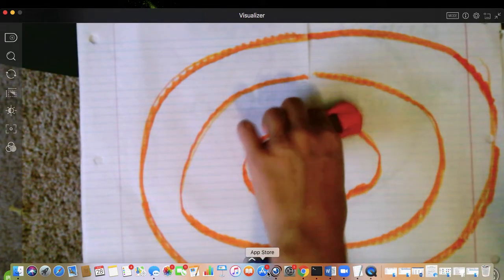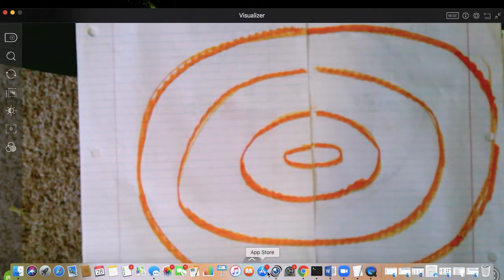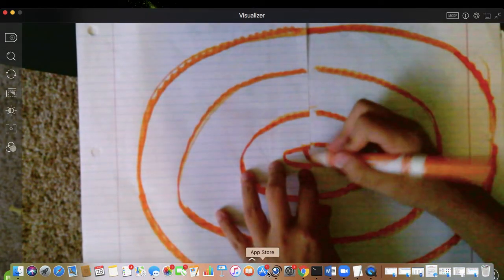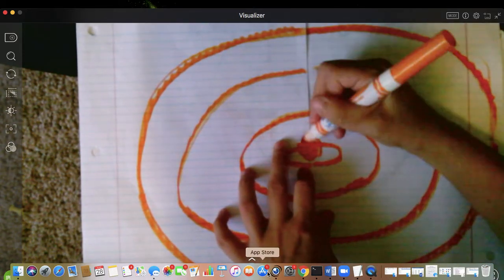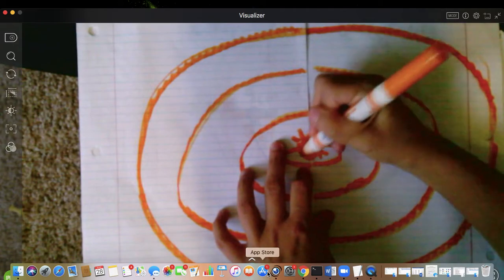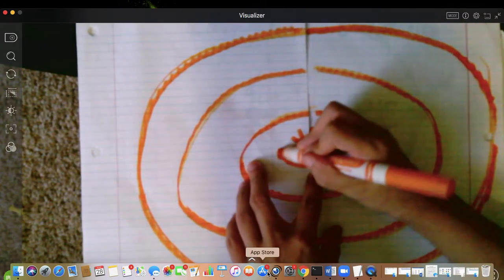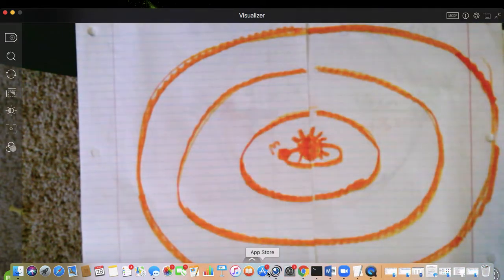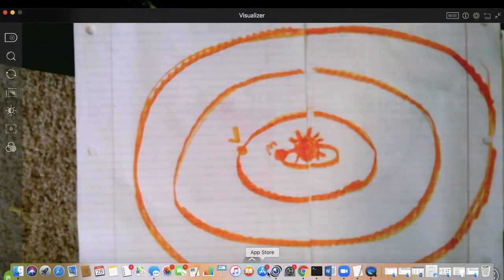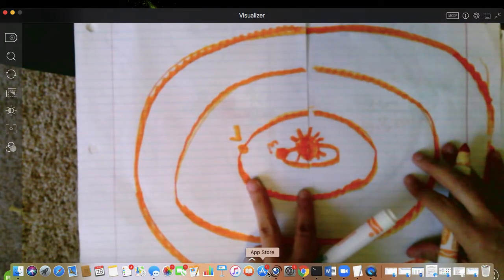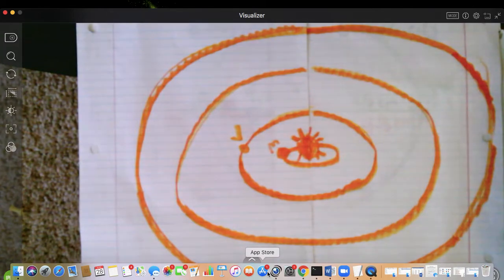He says, if this is the sun, now I'm going to do a little magic here, excuse me. Here's the sun, okay, in the center of our solar system. If you're Mercury, which is right there, it's not going to take you very long to go around. It takes you a very short amount of time. If you're a little further out, like Venus, it's going to take you a little bit longer, but not much longer.